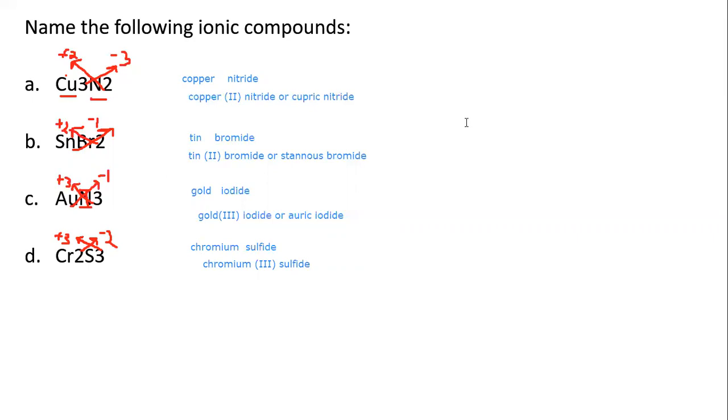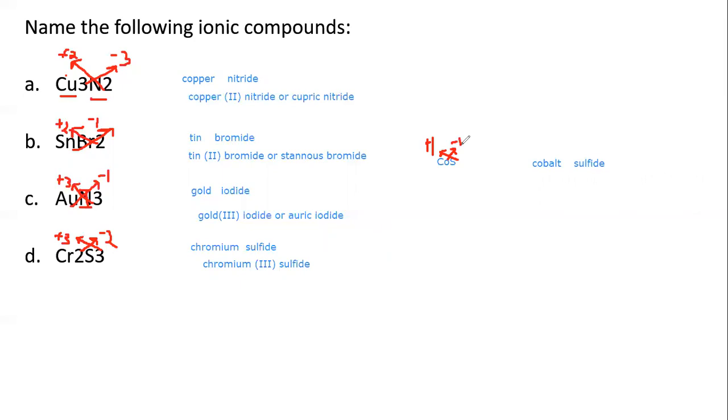I'm just going to show you one example where the reverse crisscross doesn't work. So for example, we have the compound CoS. So the cation is cobalt, the anion is sulfide. Now if you do the reverse crisscross, this is going to tell you that cobalt is a +1 and sulfide is a -1.